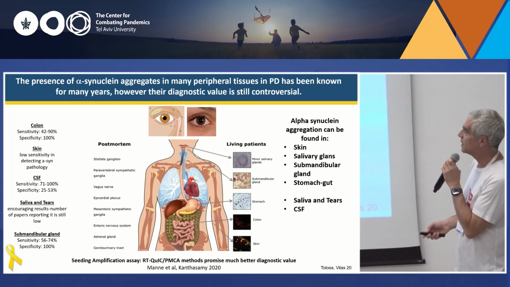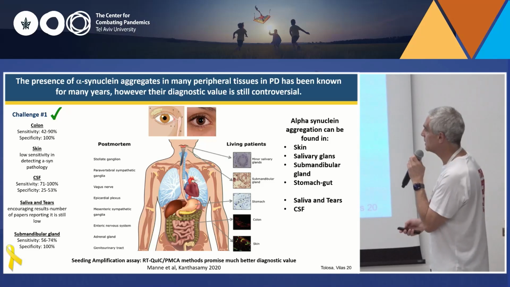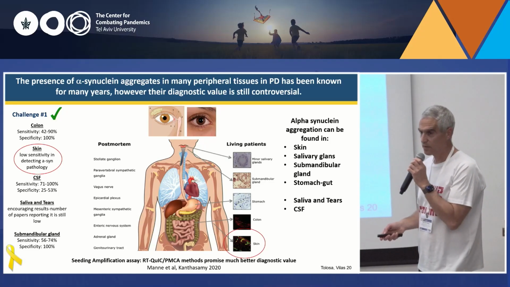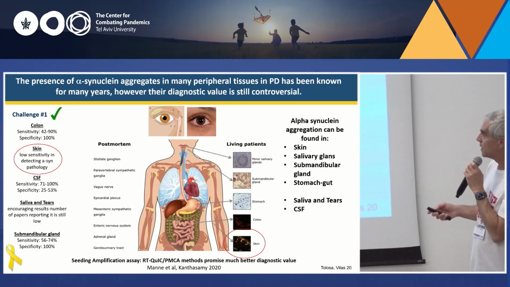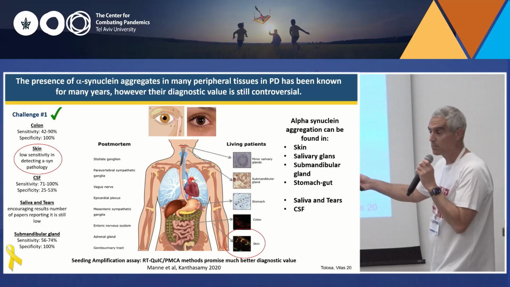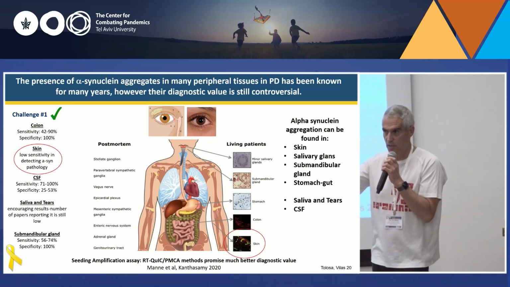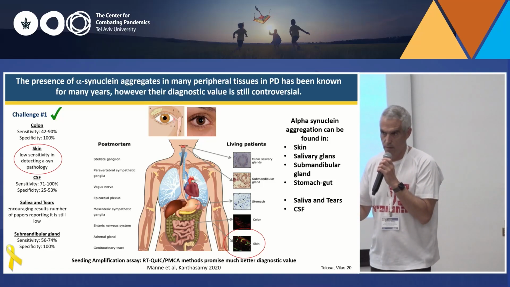What we are looking at the moment is the skin and the CSF, and I'll come back to that in a moment. With that, we might be able to track alpha-synuclein aggregation at early stages or late stages outside the brain.